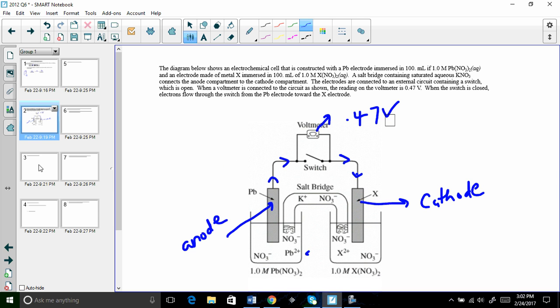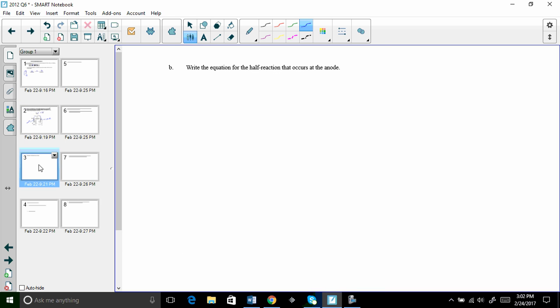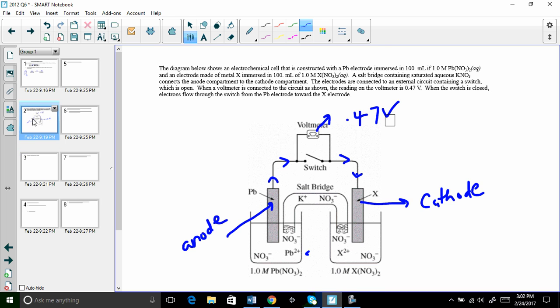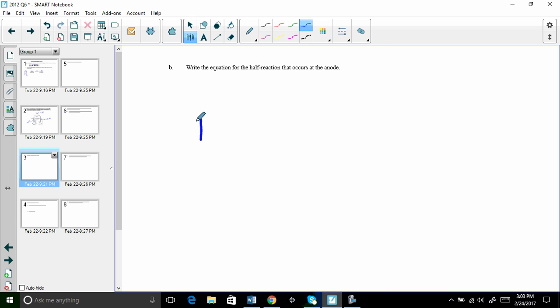And then question 3 is write the equation for the half reaction that occurs at the anode. Well, if you look at the picture, lead is the anode, and so the half reaction is, remember, oxidation means the electrons are on the right hand side, and so it would be lead metal turns into lead ions plus 2 electrons.